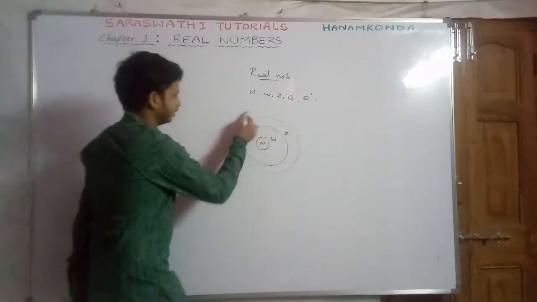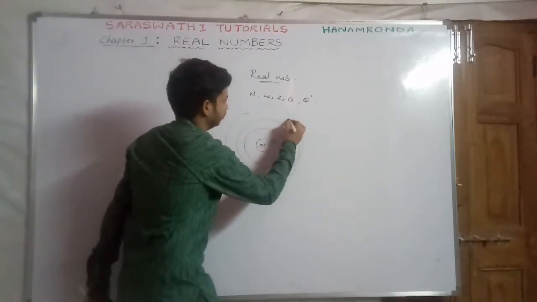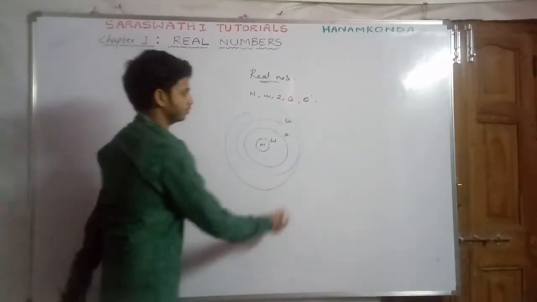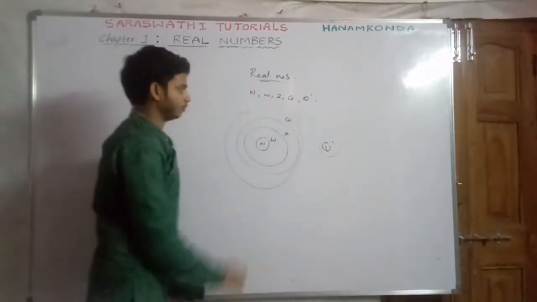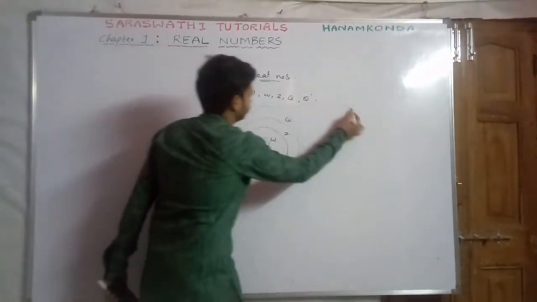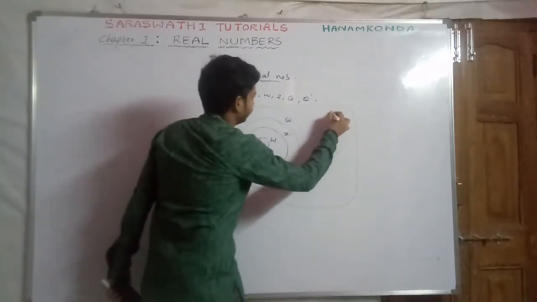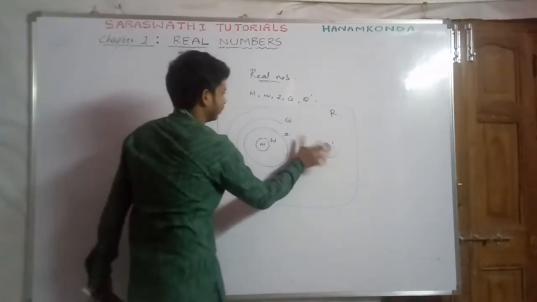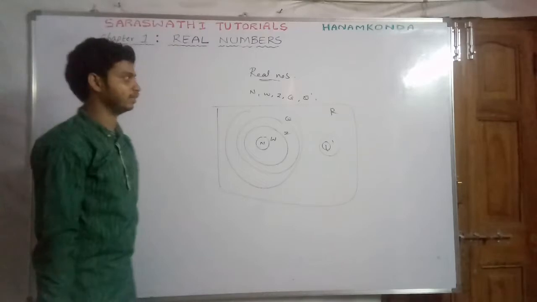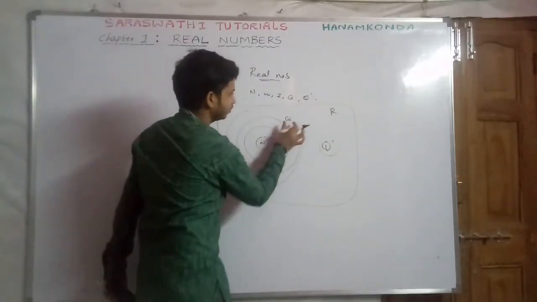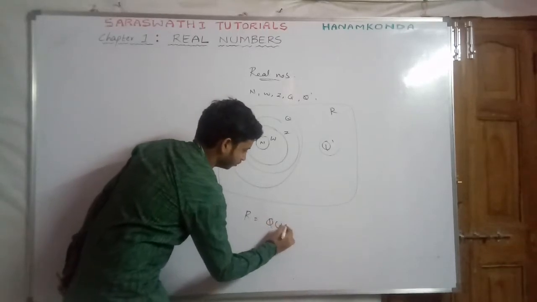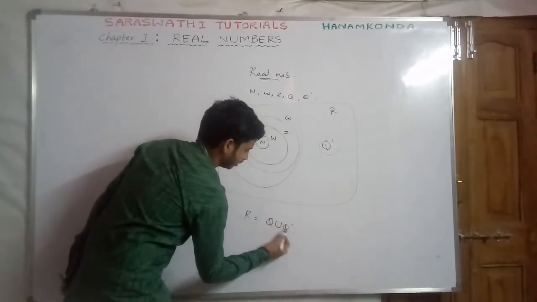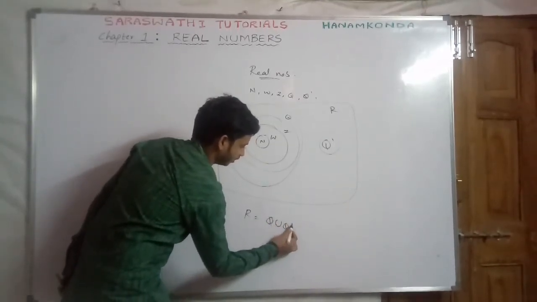Integers are a subset of rational numbers, and Q dash is the irrational numbers. So the real number is the universal set, consisting of all the rational numbers and irrational numbers. Therefore real numbers can also be defined as the union of rational and irrational: R equals Q union Q dash.